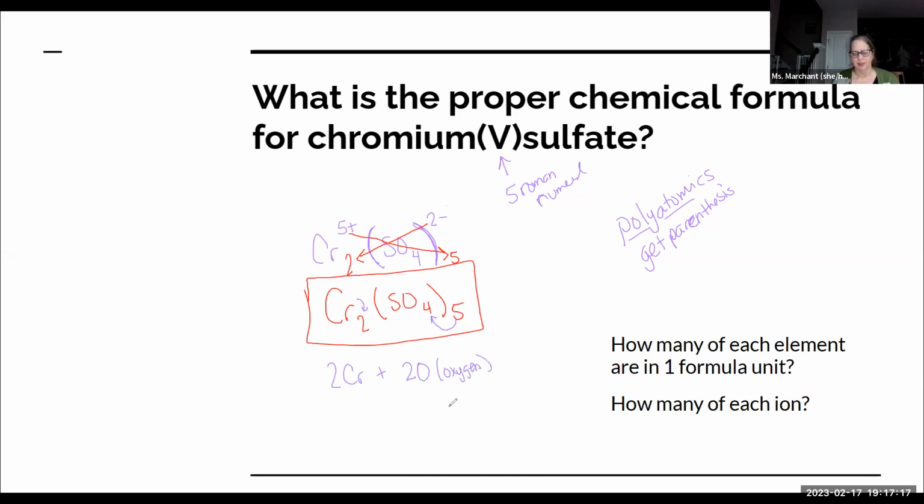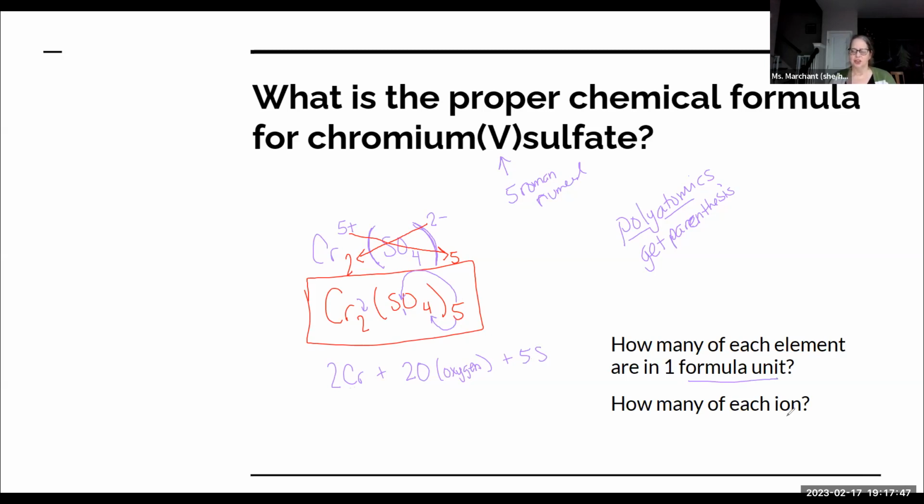I'm going to write that one out instead of writing the chemical symbol so it doesn't look like another 0. And everything in the parenthesis gets distributed. So that 5 also goes times the 1 in sulfur for 5 sulfurs. So for the number of each element, I have 2 chromiums, 20 oxygens, and 5 sulfurs come together in one formula unit of this substance.